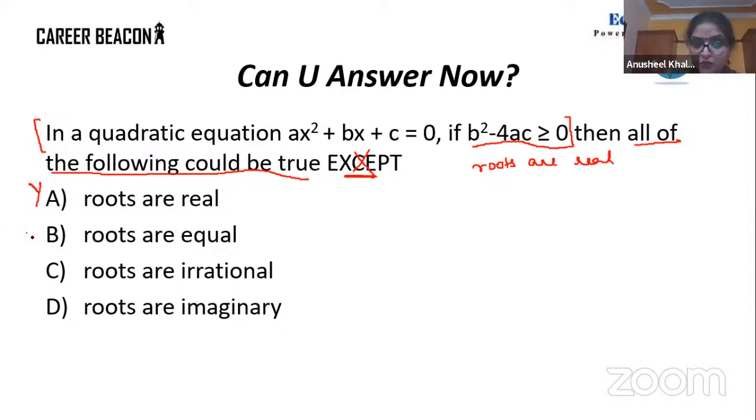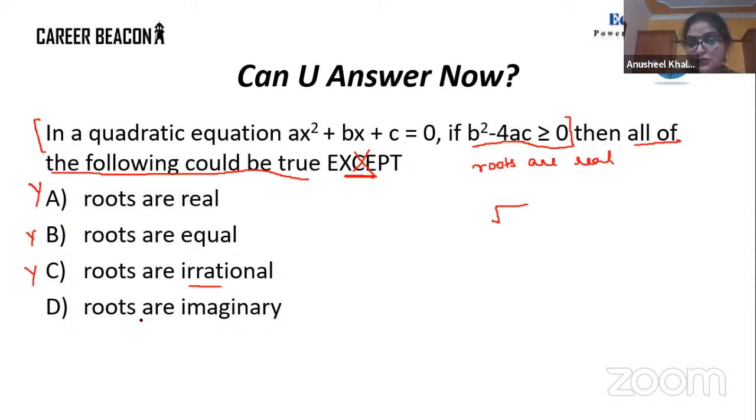Yes, this is true when b square minus 4ac is equal to 0. So this is also true. Roots are irrational. Irrational means something that cannot be represented in the form p by q. Examples of irrational values are something under the root sign, right? So if b square minus 4ac is not a perfect square, then the roots can be irrational. So this is possible as well.